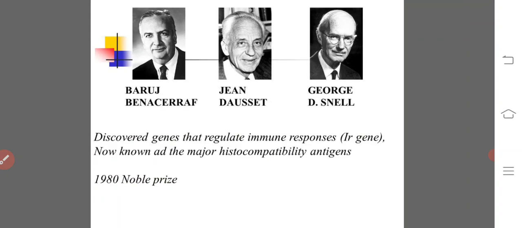Their current designation as histocompatibility 2, H2 genes, was in reference to Gorer's group 2 blood group antigens. Although Gorer died before his contributions were recognized fully, George Snell was awarded the Nobel Prize in the 1980s for his work.